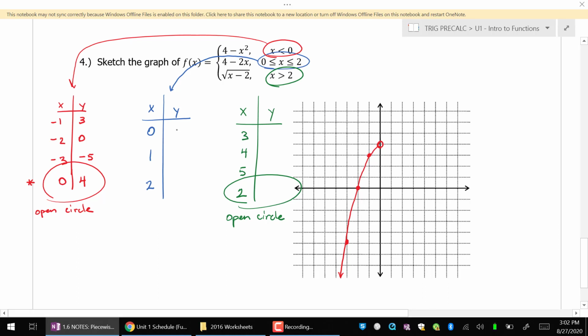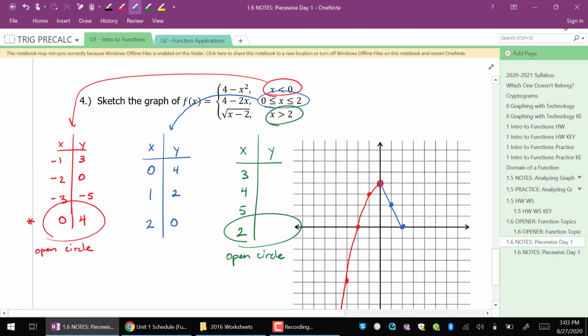Plug in 0, we're going to get an output of 4. Plug in 1, we'll get an output of 2. And then plug in 2, and we'll get an output of 0. So 0, 4. Notice 0, 4 can get colored in, so I can come up here and put a little closed circle on 0, 4 now. 1, 2, and then 2, 0. Connect the dots, and there is the linear piece to that piecewise function.